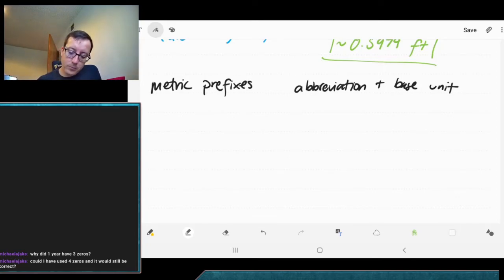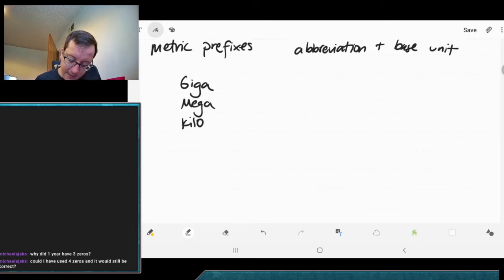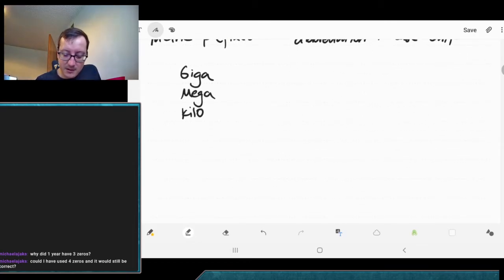Okay. The prefixes we're going to be using here are giga, mega, kilo. I'm going to skip hecta and deca because we don't typically use those. We have the base unit. We have deci.